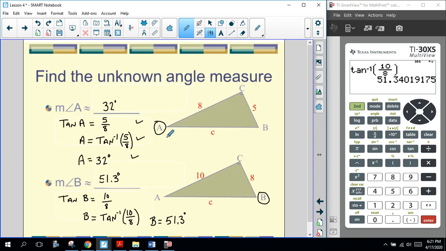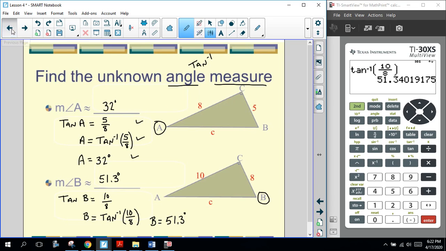So the big dilemma in this section for a lot of people is, well, when do I use the tangent key and when do I use the tan inverse? Well, it's rather quite simple. If I'm asking you to find an angle measure, in order to solve this equation, you are using the tan inverse. So to find an angle measure, you are always going to do the tan inverse on your calculator.